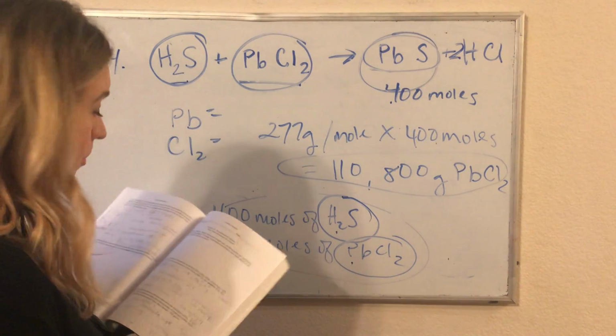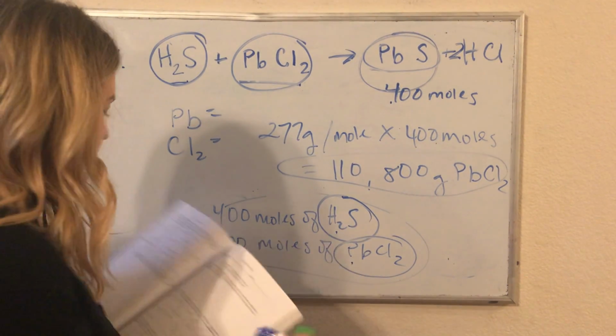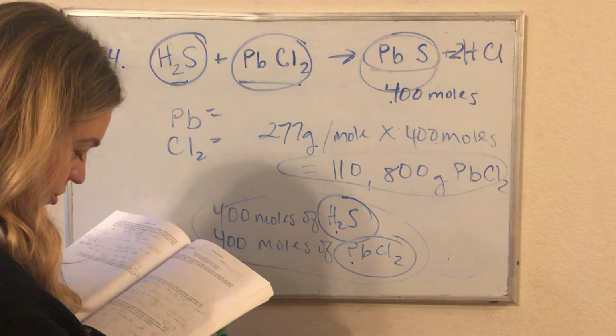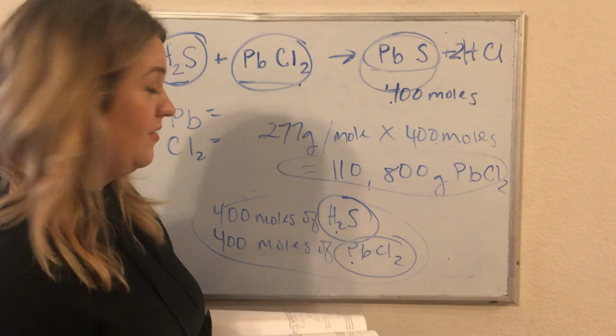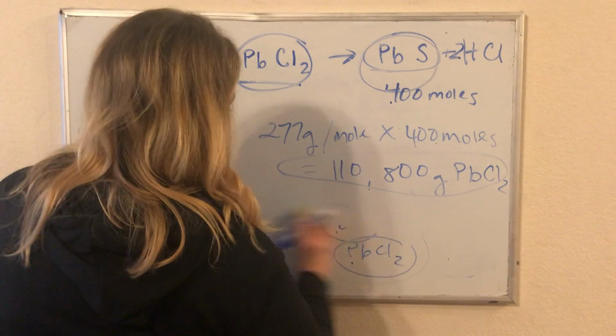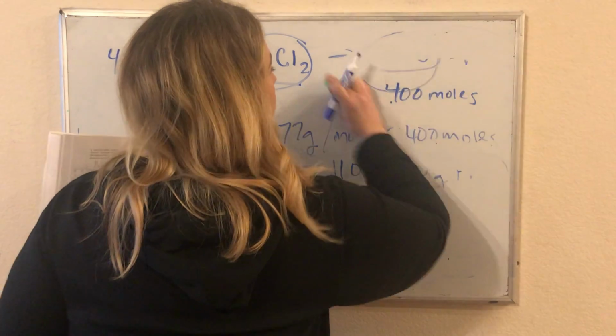I have 2 more problems that I'd like, or actually just 1 more problem to practice with you guys. It's your page 245, and it's number 2. I picked the hardest one, I think. So number 2, page 245.